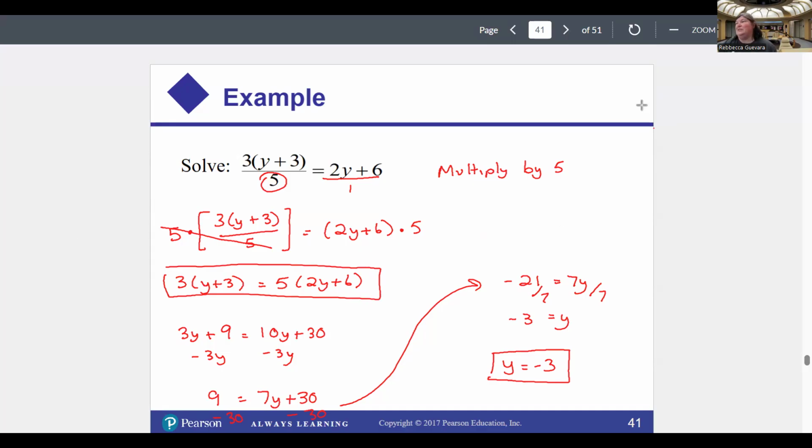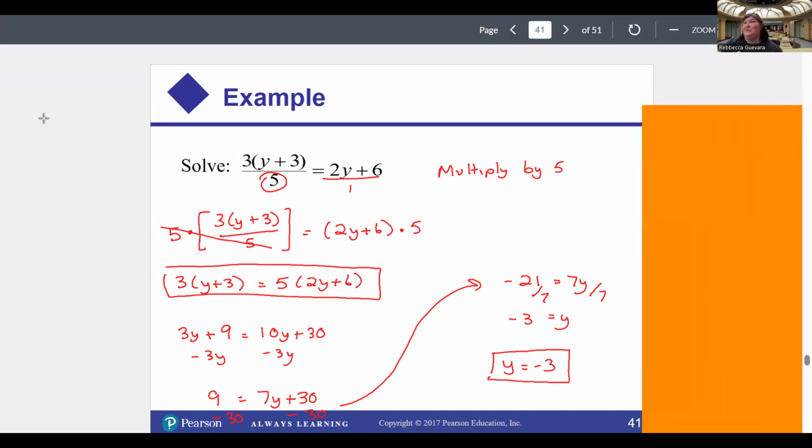So just to show you this, because every time we have zeros appear, a lot of people think it kind of throws us off a little bit. So if I replace all my y's with negative 3, that's 3 times (negative 3 plus 3) over 5 equals 2 times negative 3 plus 6. So we have 3 times 0 over 5 here, and here we have negative 6 plus 6 times 5.